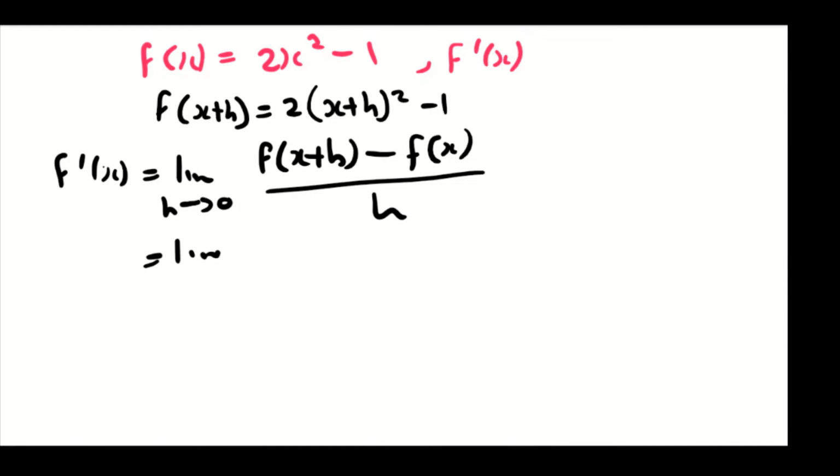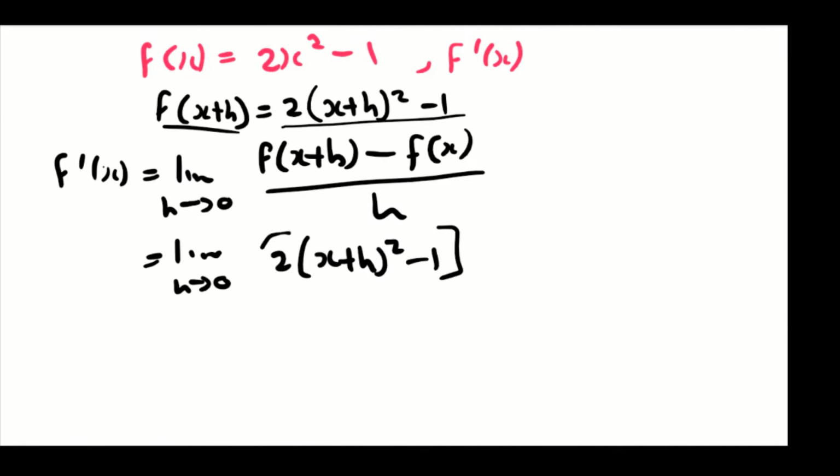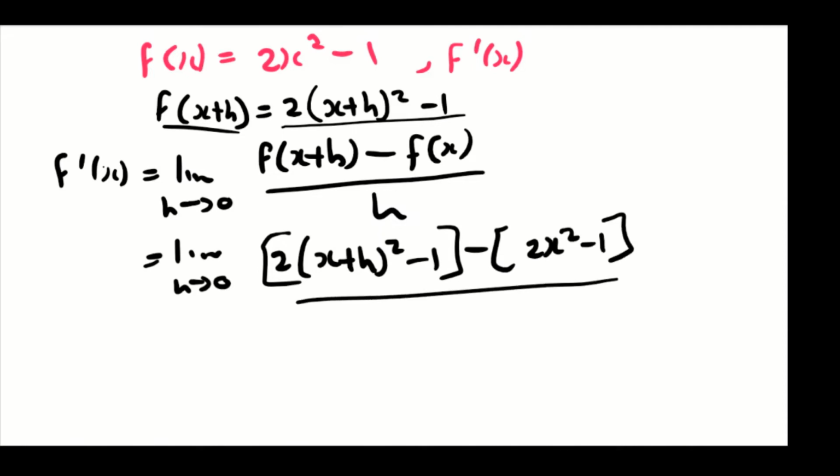So the limit when h approaches 0, so what is f of x plus h? It's equal to this expression here, which is 2 into x plus h squared minus 1, and then minus our f of x, which is given as 2x squared minus 1, right? So over h.